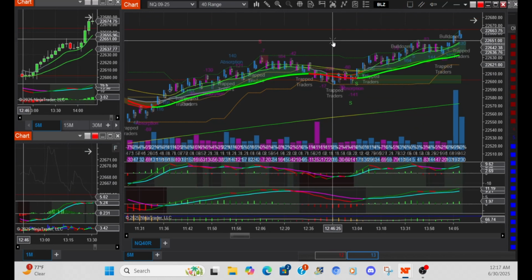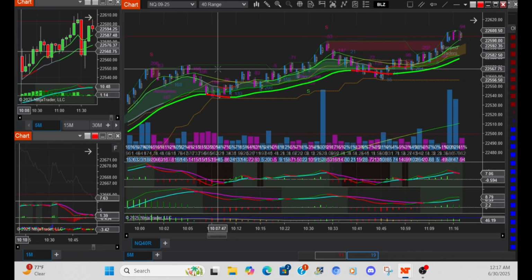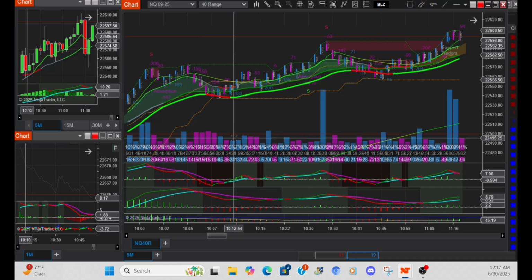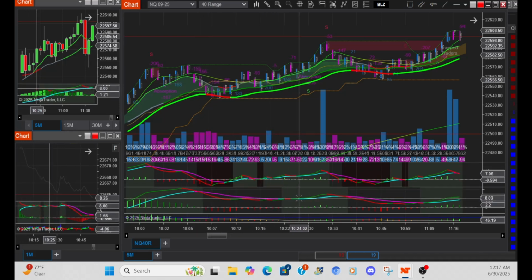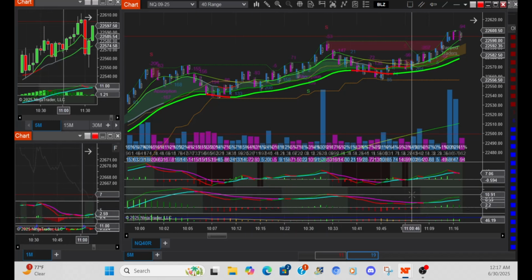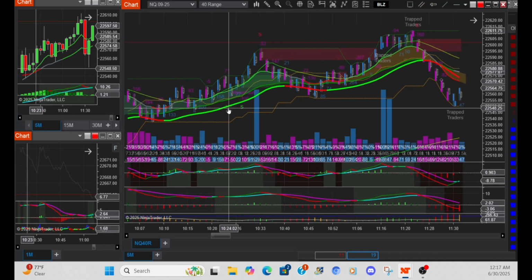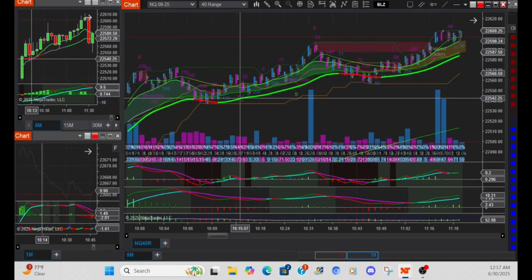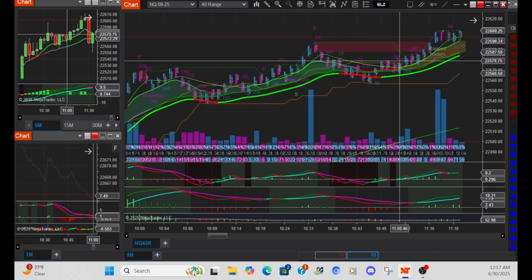So if you see a range and you see prices just going sideways for a little bit, like right here even, we have the MACD above the zero line and it's going below the signal. It's kind of going back and forth above the signal. The fast is hugging the zero. We had a range right here. It broke out, pulled back right here.